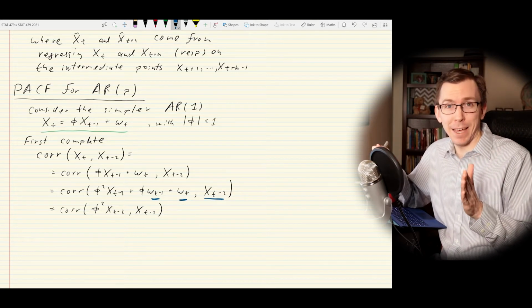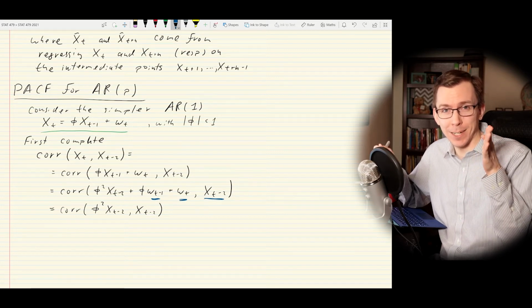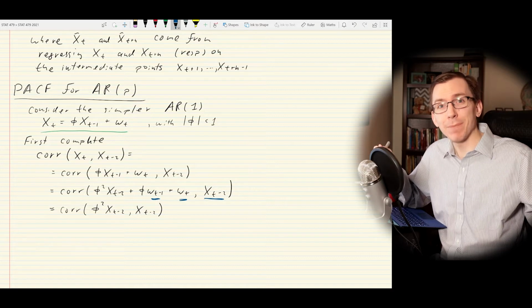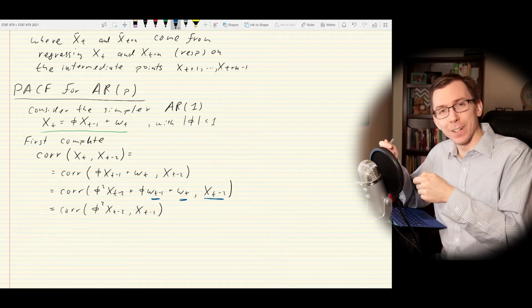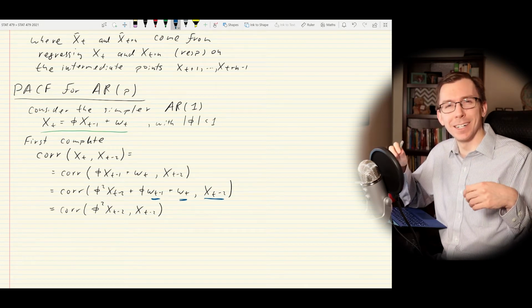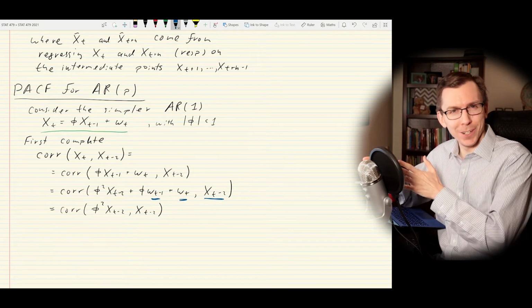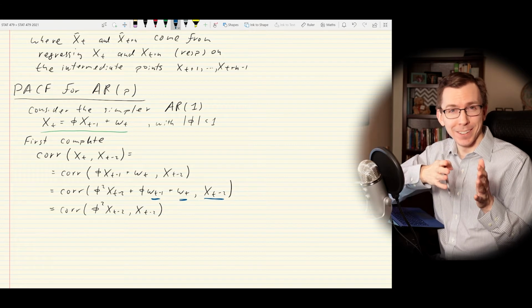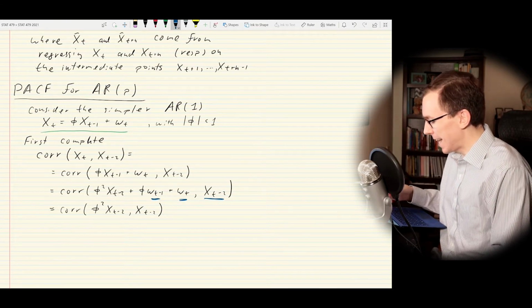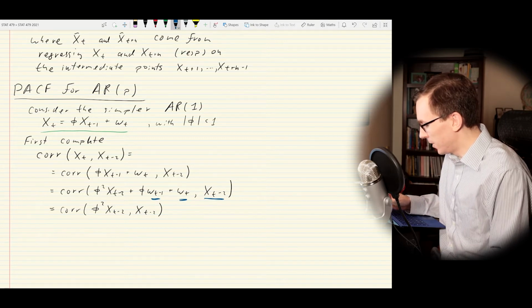That means it depends on white noise at time t-2, t-3, t-4, t-5, and so on. It doesn't depend on any future white noise values, and both t and t-1 lie in the future of t-2, right? If you have that kind of intuition going on. So because of the causality, all of this stuff ends up just being 0, and we don't have to worry about it.